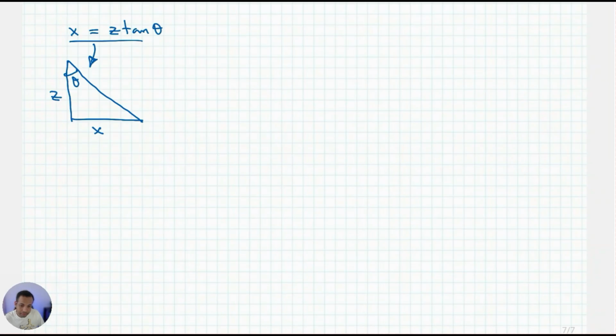But from the last integration by trigonometric substitution, we got that the integral, let's call it I, is equal to 1 dividing z squared sine of theta. But if we go to this triangle, sine of theta is equal to the opposite side dividing the hypotenuse.